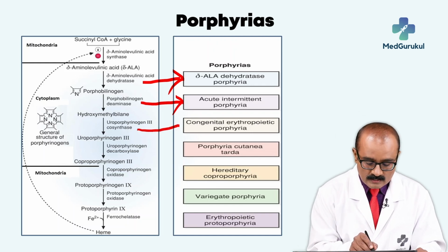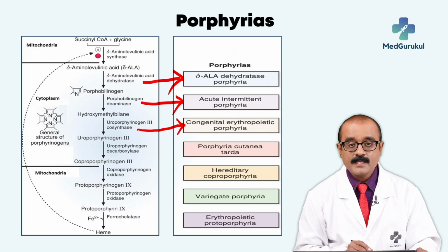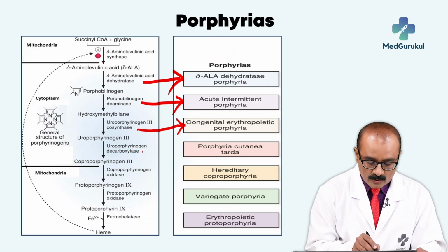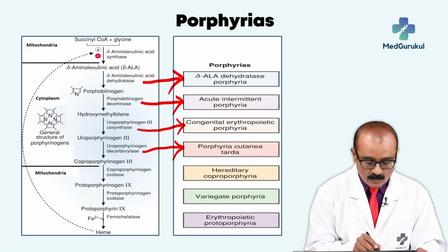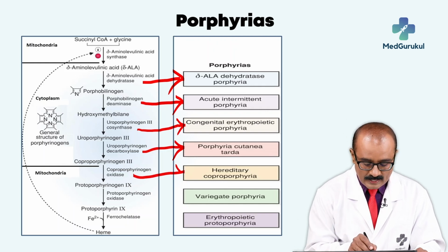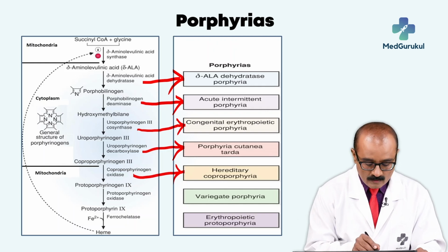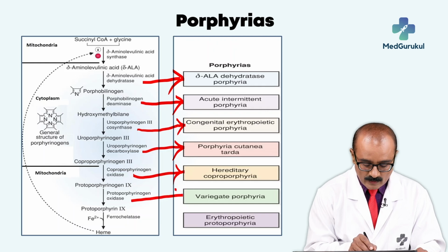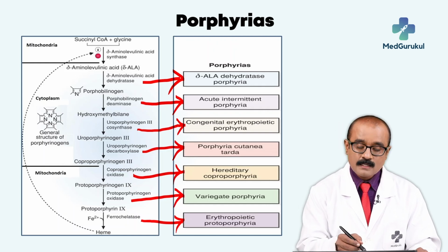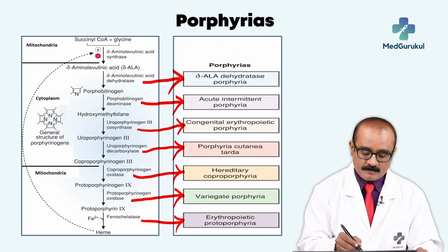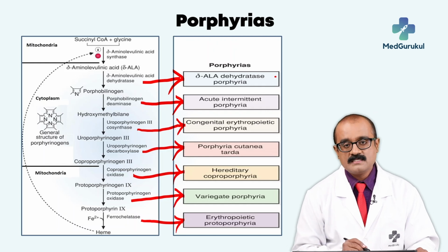Uroporphyrinogen cosynthase: congenital erythropoietic porphyria. Uroporphyrinogen decarboxylase: porphyria cutanea tarda. Coproporphyrinogen oxidase: hereditary coproporphyria. Protoporphyrinogen oxidase: variegate porphyria, and ferrochelatase: erythropoietic protoporphyria. So, these are the disorders. Any enzyme defect in this pathway will cause these diseases.